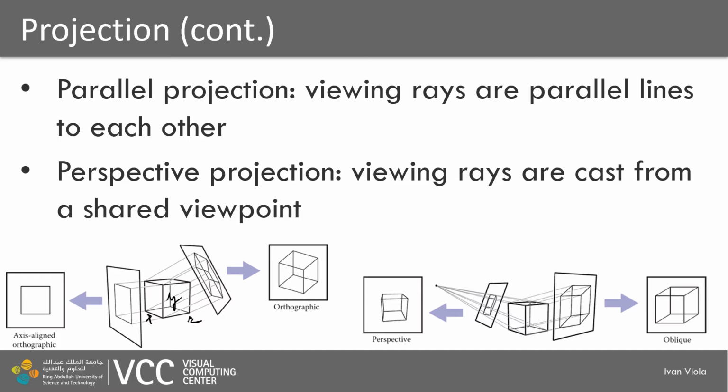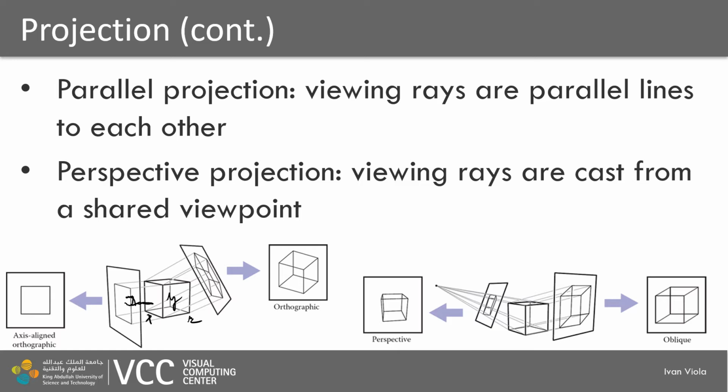Then if we are projecting the object onto the viewing plane such that the viewing plane normal is aligned with the projection direction, then we are talking about orthographic projection.